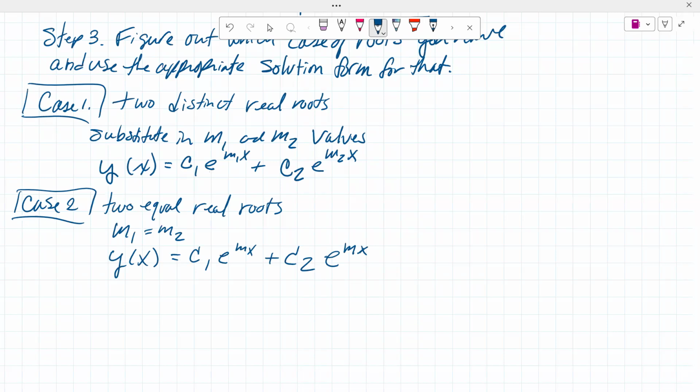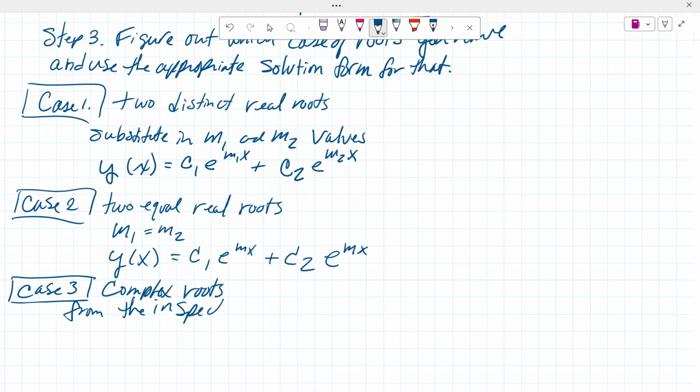Case 3 is more complicated. That's when you have your imaginaries coming into play. Case 3 is the one you don't want to see: complex roots. But we can learn how to handle this. All right, from inspection of the complex solutions, you're going to need to deduce the real part and the imaginary part's coefficients.